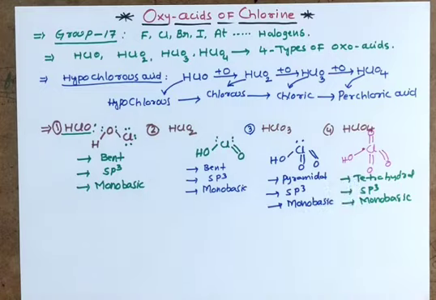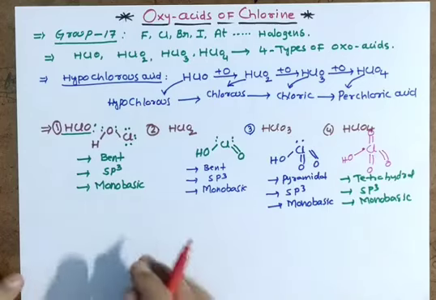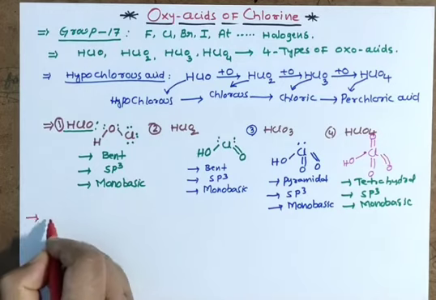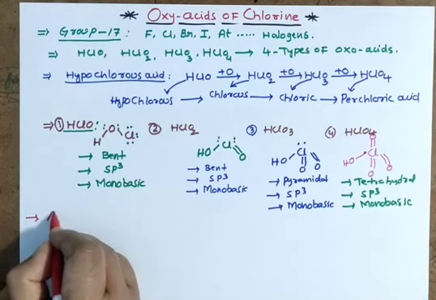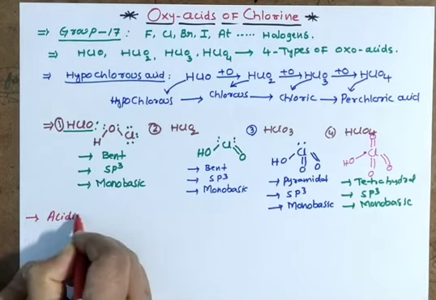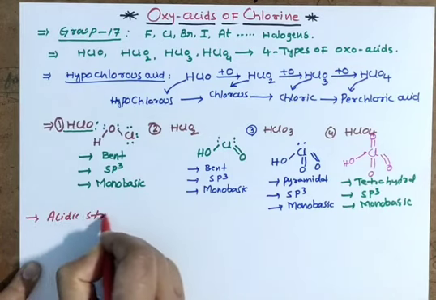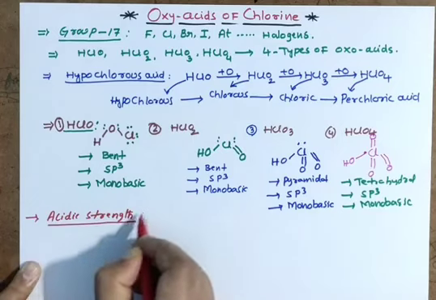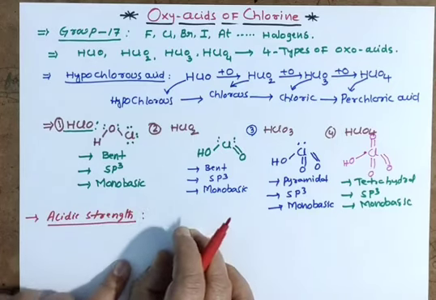So this is about oxo acids of chlorine. Along with this, we will discuss the properties. The most important property in these oxo acids we have to remember is acidic strength. It is regularly asked in competitive exams.